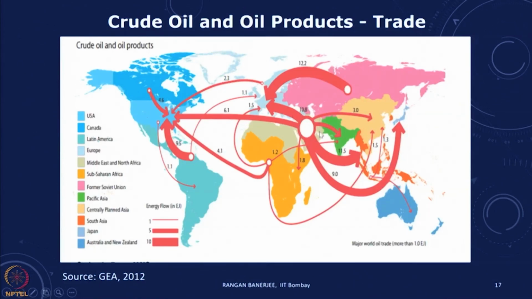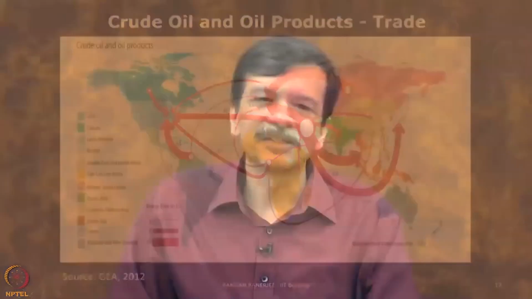This is a region which is in turmoil. Often when there are problems, this affects the availability of oil, it affects the prices, and it affects the economies in many parts of the world. So as we plan our energy systems for the future, we would like to shelter from these kind of impacts, and we would like to see what are the kind of options that we can pursue.